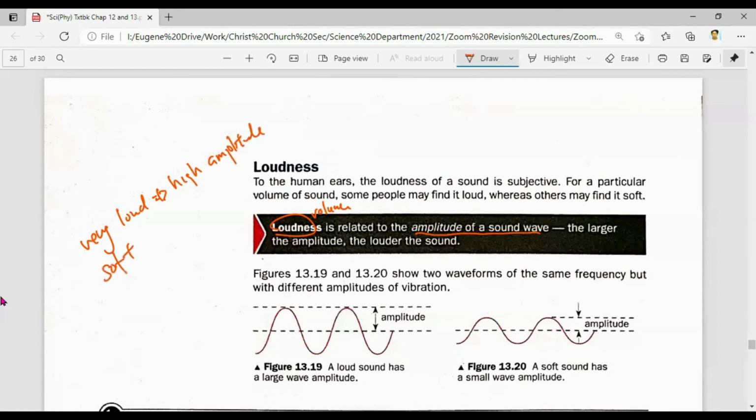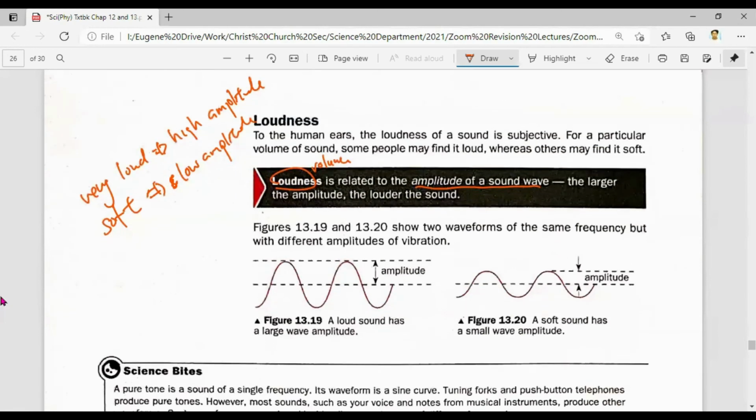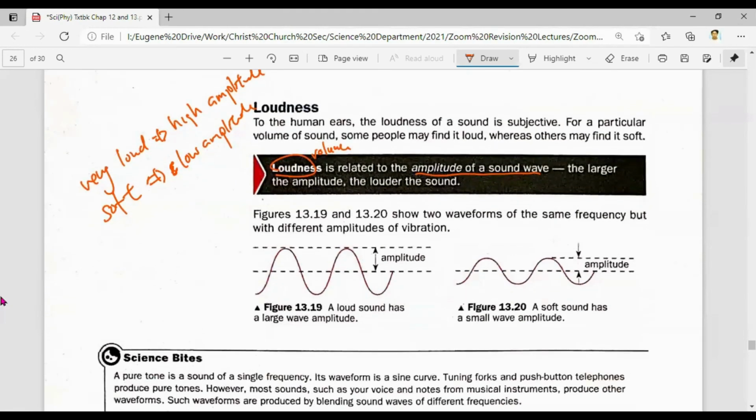Soft means low amplitude. Comparing these two, the amplitude is the displacement from the rest position, this versus this. So this is high amplitude, this is low amplitude. Therefore, this sound is louder, and this sound will be softer.